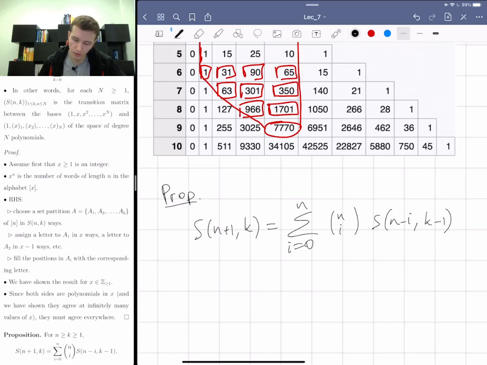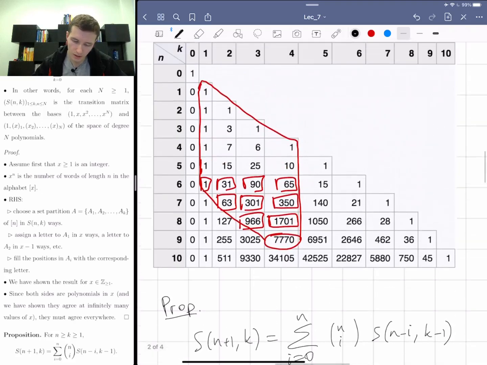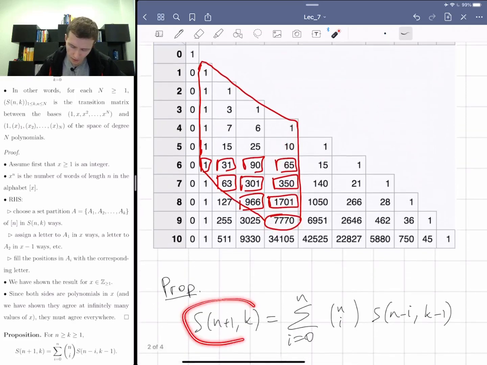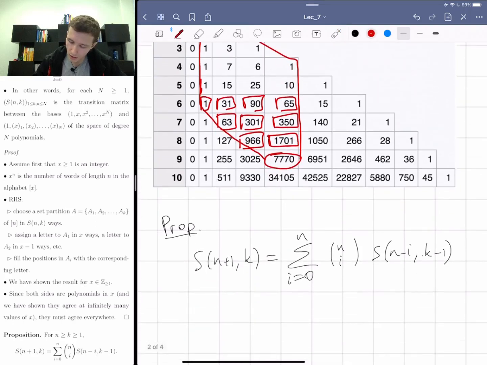Right. So the cool thing about this formula is that k is here, and the improvement is that I get rid of the column above my number. I'm only using S(n+1, k), and the catch is that in this recurrence, this is always k minus 1.